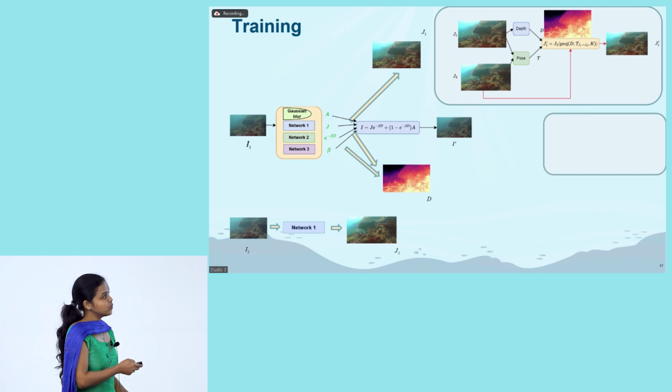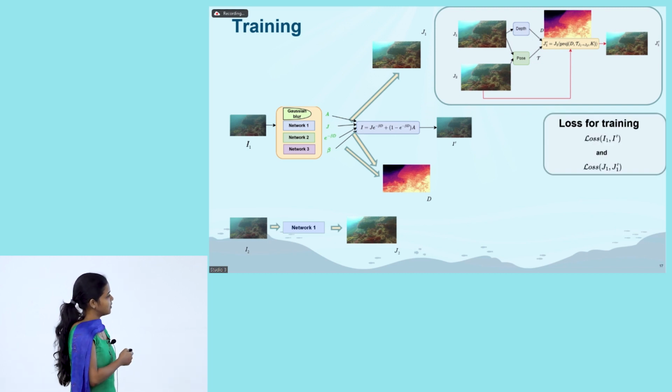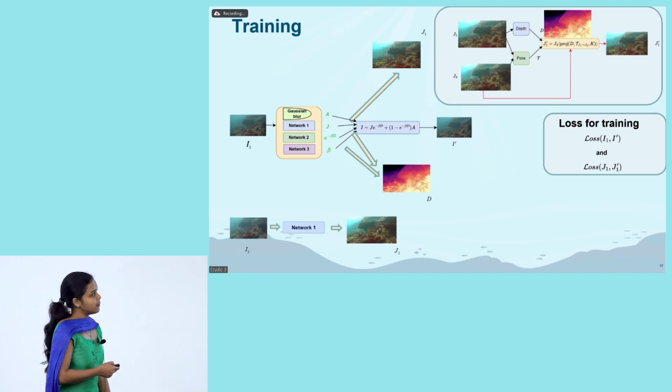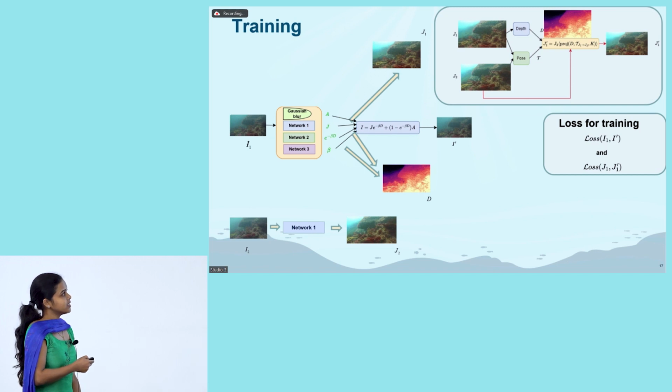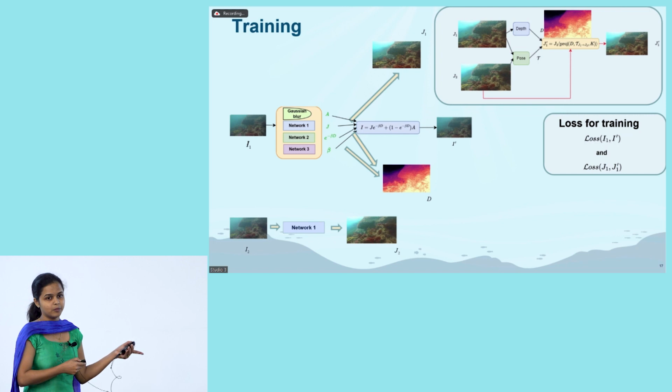So, I can use 2 constraints here: the loss between I dash and I1, and the loss between J1 dash and J1. If the depth is correct, then these constraints will be obeyed. If the depth is correct here, then only this J and e raised to minus beta d will be correct, as I am using a mathematical model.